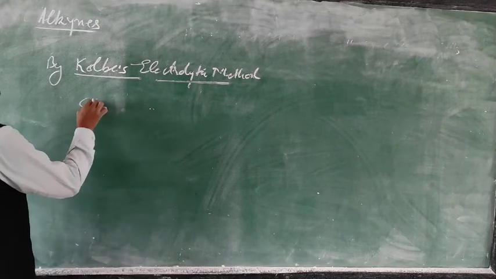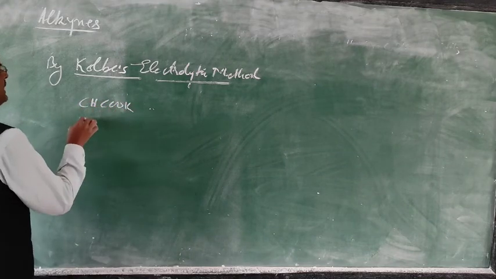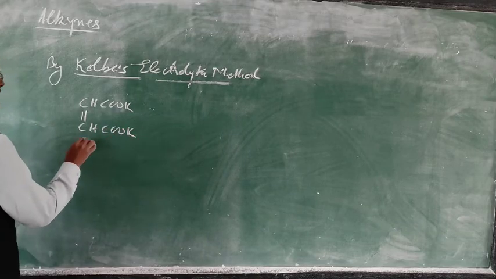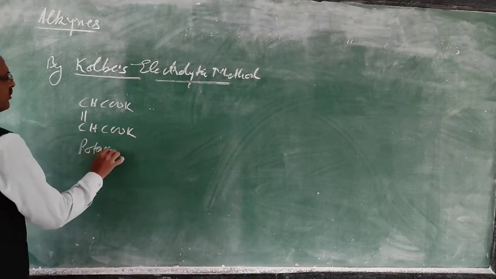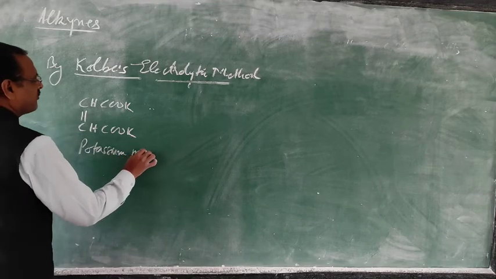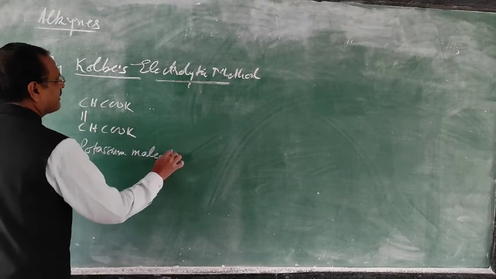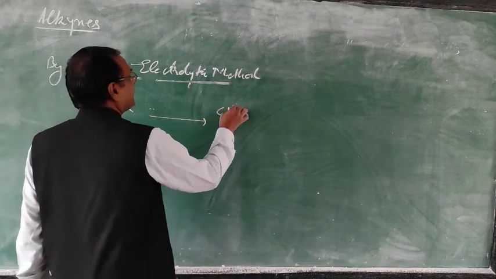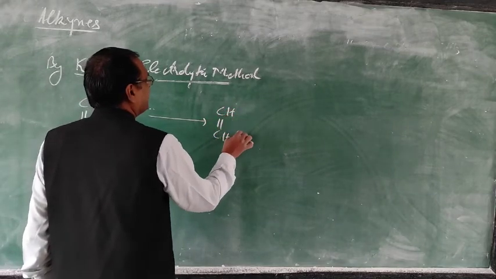So this one is potassium succinate. When electrolysis is carried out, that will break into succinate ion and potassium ion.